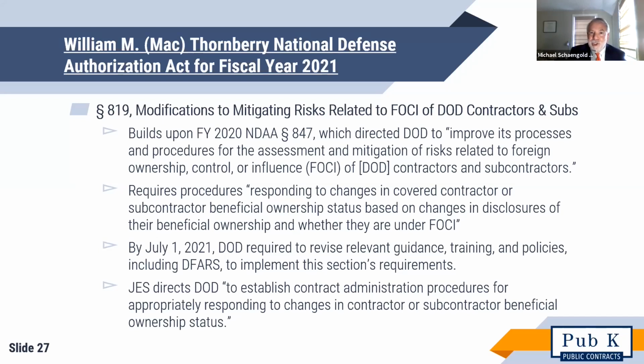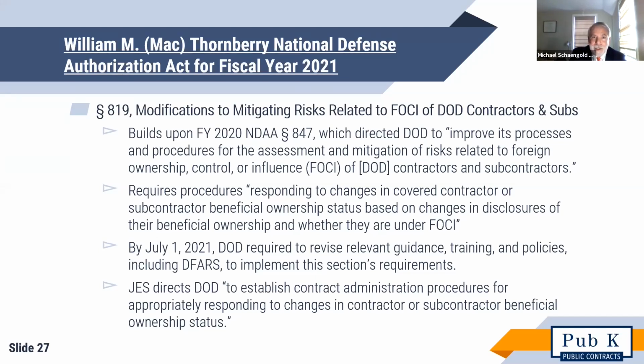Finally, not later than July 1, 2021, DoD shall revise relevant directives, guidance, training, and policies, including the DFARS, to fully implement the requirements of 2020 NDAA Section 847. Currently, the FAR and DFARS do not specifically reference FOCI or foreign ownership, control, or influence.